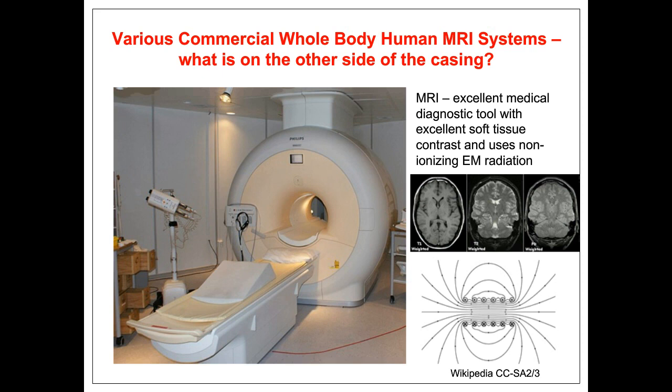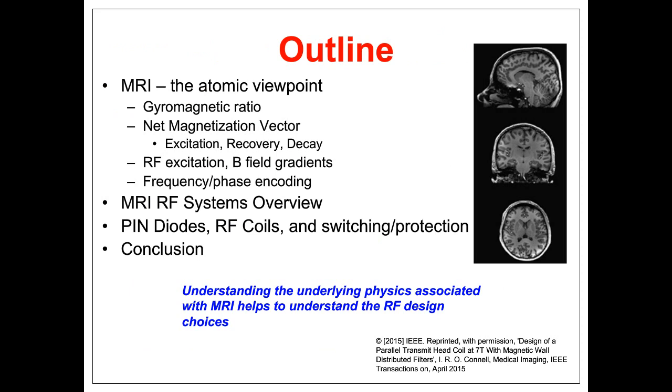So the way I'm going to approach this is by using the following agenda. First, I'm going to talk a little bit about the physical origin of MRI. And I'm going to talk about the atomic level, where the RF actually comes into play, and how an image is constructed. And then I'm going to go into the RF systems overview of MRI.